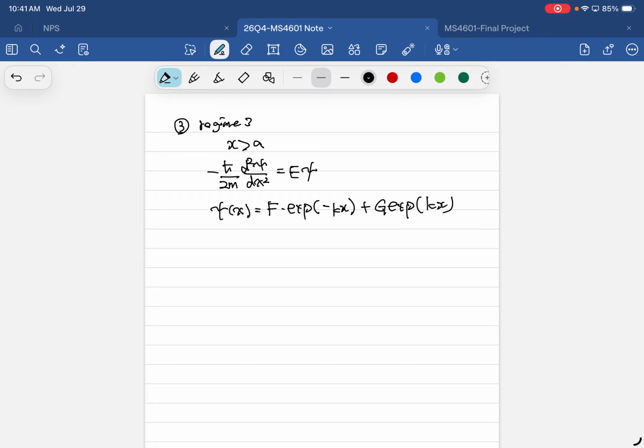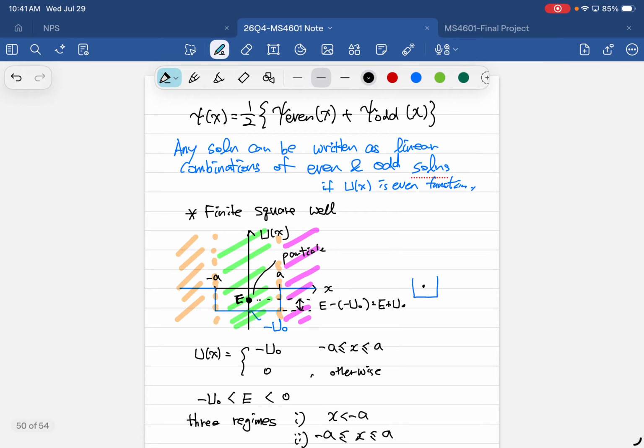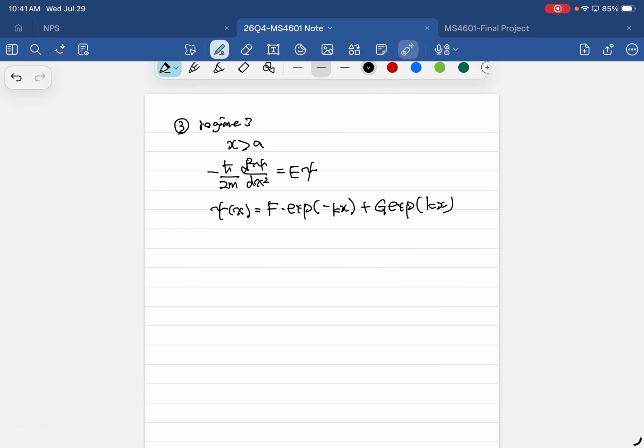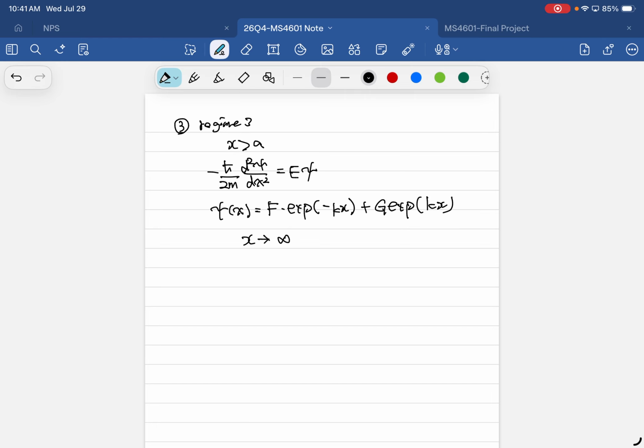So again, we can use the same argument. We look at this wave function, and now you can tell which unknown has to be 0. In this case, we are looking at regime 3, so x larger than a. The probability density function has to be a finite number. So if we substitute x going to infinity, which term blows up?